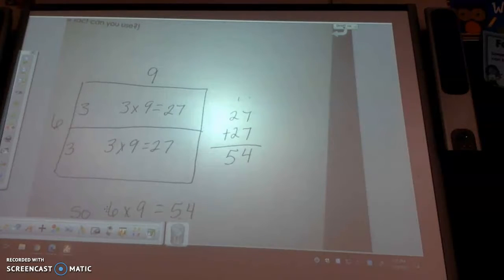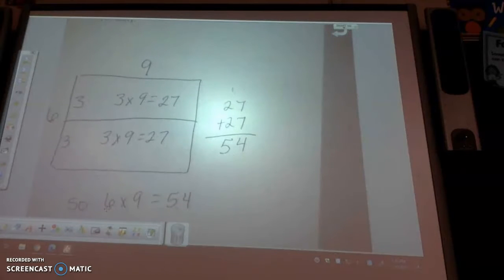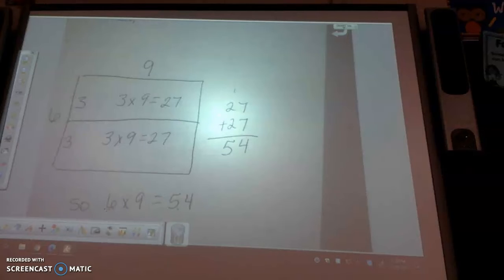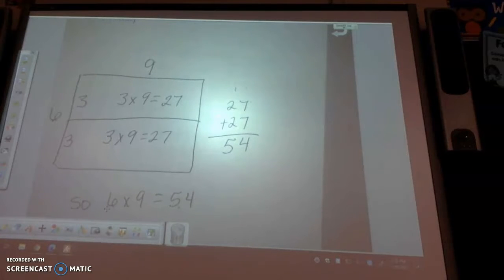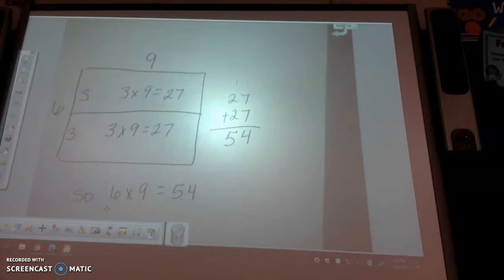Anyways, this is the way to do the doubling strategy. And you can use any other strategies that we have learned to try to work this problem out. But this is what they want. They want pictures and an explanation of how you got your answer using a strategy that we have learned.